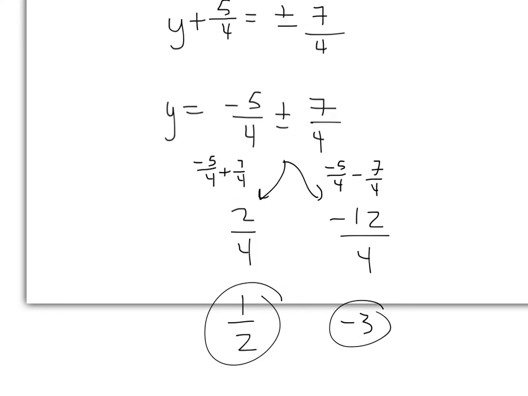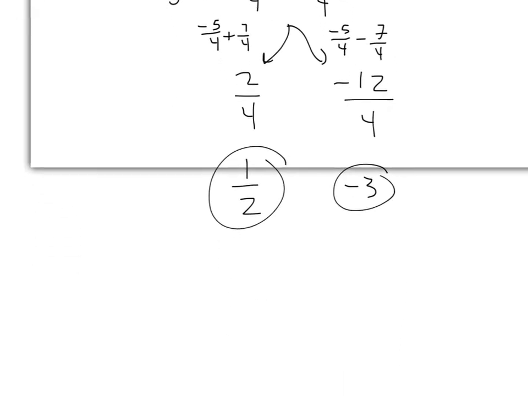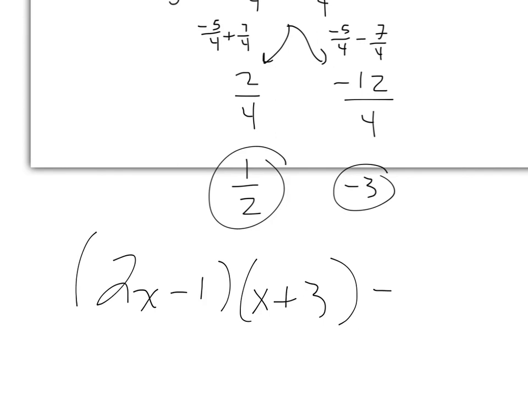Remember, if you have common denominators, you can simplify them, so go ahead and simplify. Now, fun fact: if you were to factor that original equation without completing the square, it could have been factored into 2x minus 1 and x plus 3.